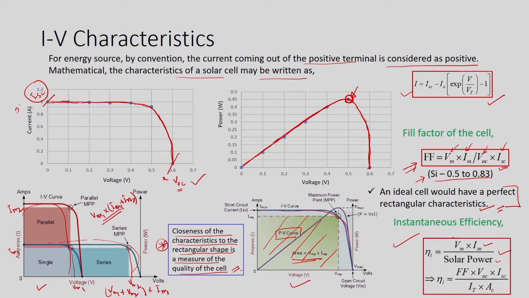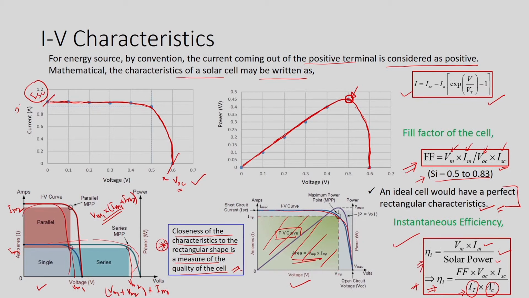The final expression is eta I equal to fill factor multiplied by VOC into ISC divided by IT into AC. Here AC is the cell area and IT is the amount of solar radiation falling on the cell. Once we know these parameters, we can calculate eta I, the instantaneous efficiency.